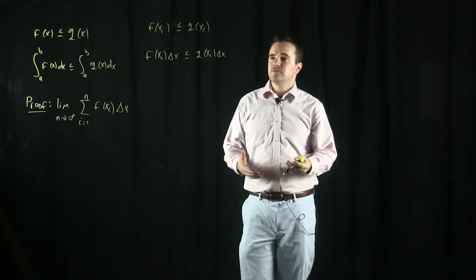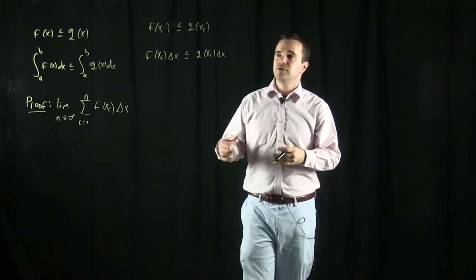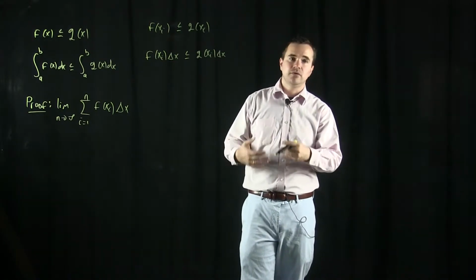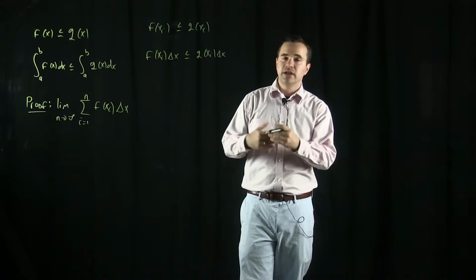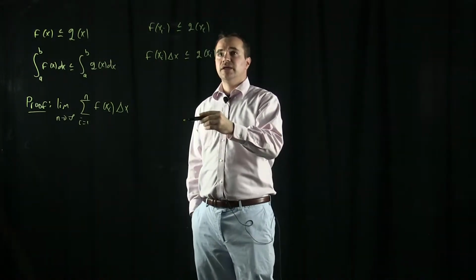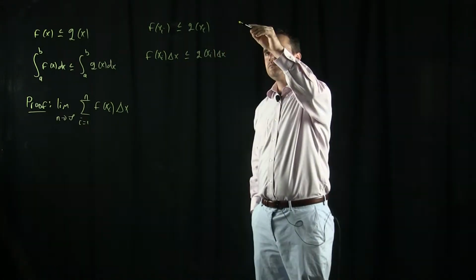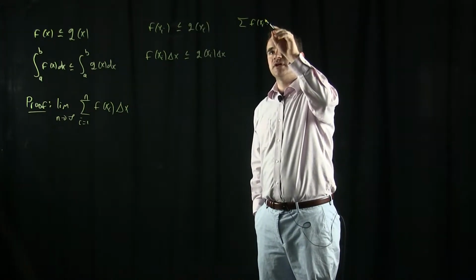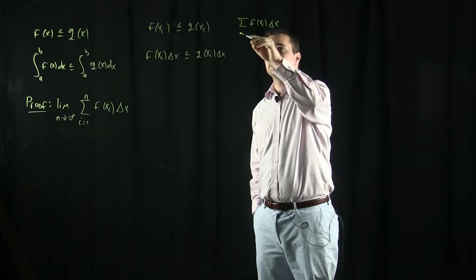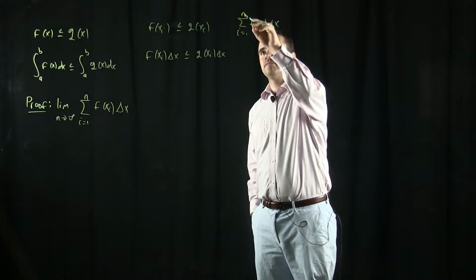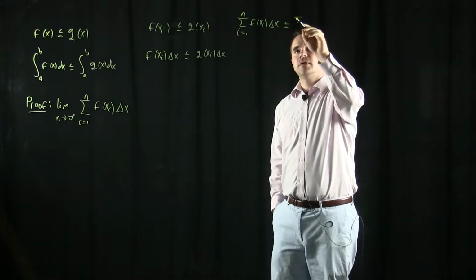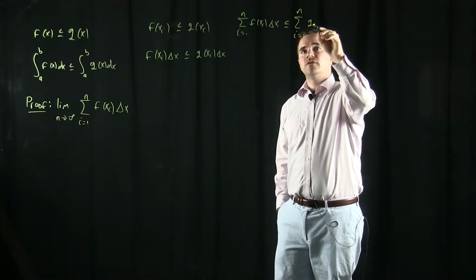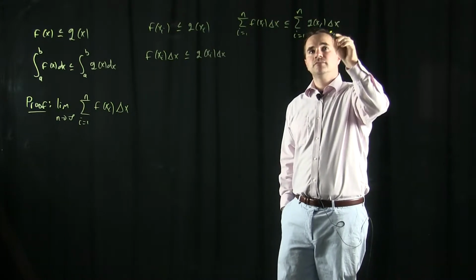And since this is true for every single i, think of this as one inequality for every i, for x1, for x2, all the way up to xn, I can add all these inequalities together and end up with the sum of all the f of x sub i's times delta x being less than or equal to the sum of all the g of x sub i's times delta x.